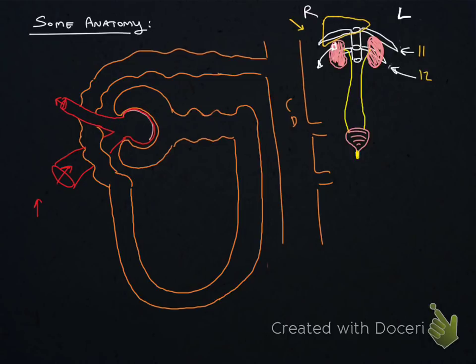Okay, so let's get some anatomy of the nephron out of the way. So if this is the glomerulus, which is the capillary system, let's back up a bit.